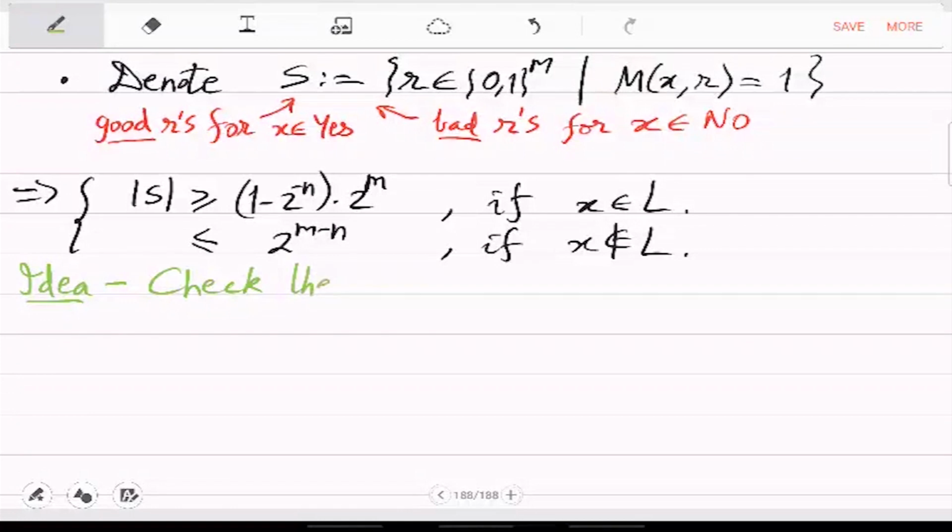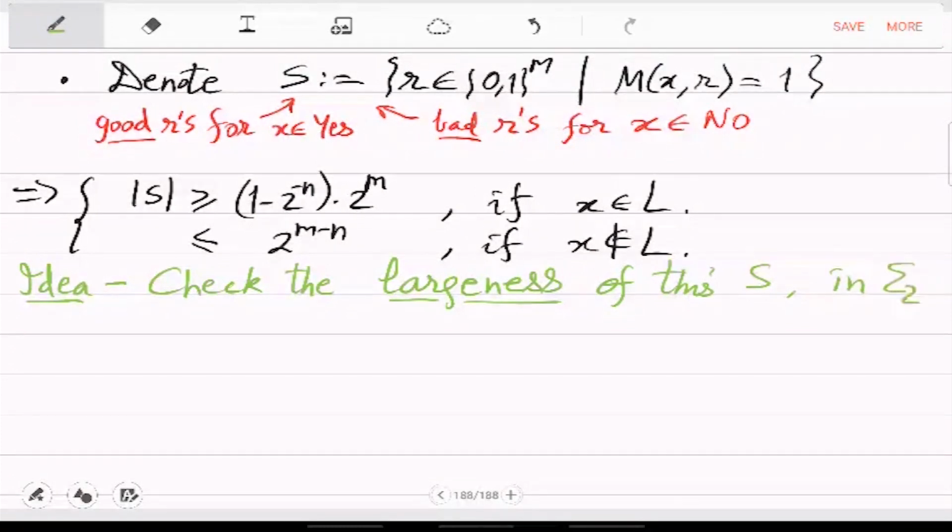So check the largeness of this S in sigma 2. Whether this set is large or small, we will try to solve in sigma 2.